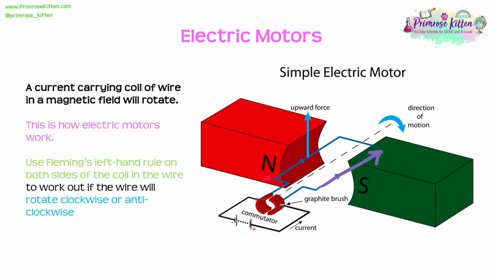So our second finger needs to point in that direction now, but the field is still pointing from north to south. So we've got our first finger pointing from north to south. Our second finger is pointing away from us and into the page. And our thumb should be pointing downwards. That tells us that we have a downward force on that part of the wire.